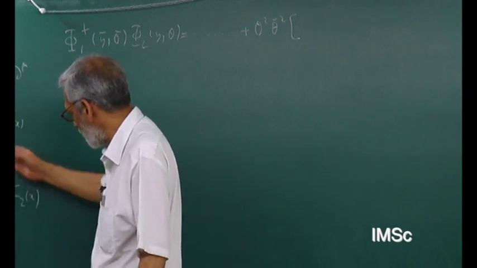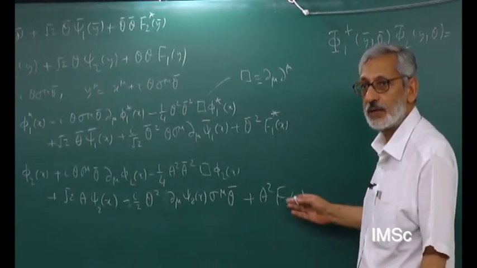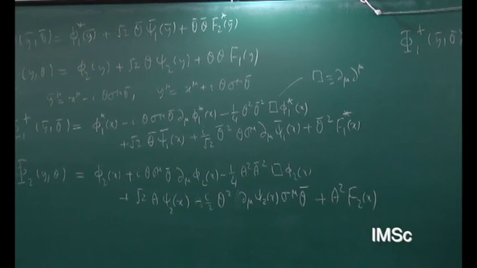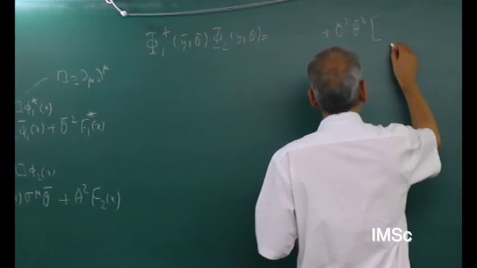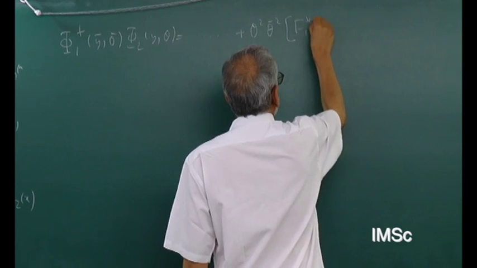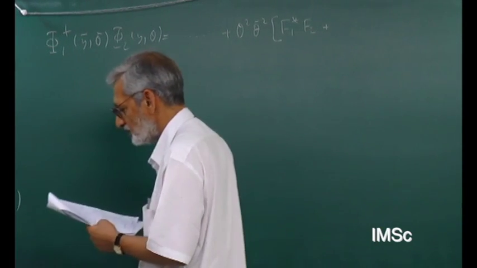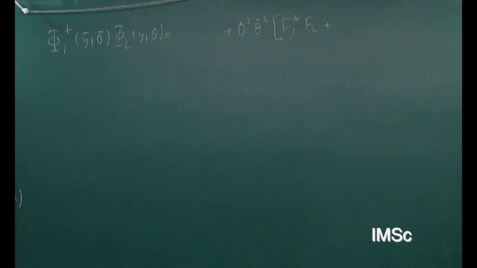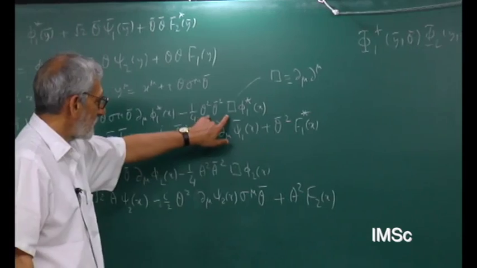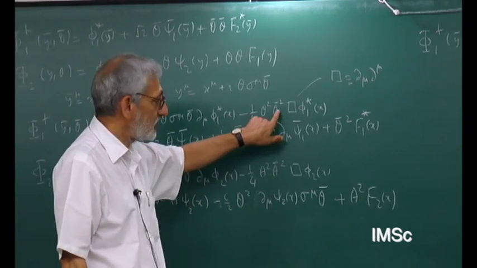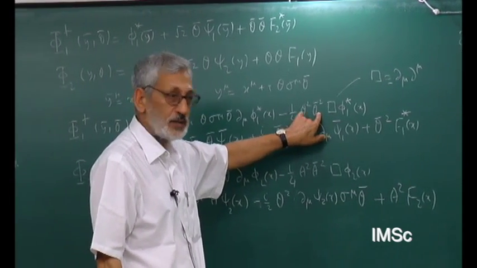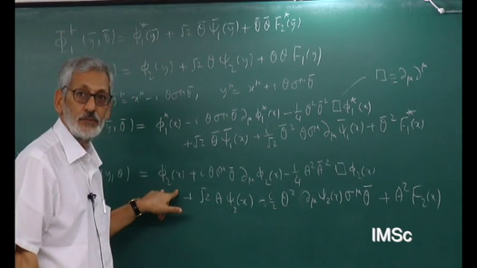So there is theta bar square here, there is theta square here. So this is one term, F1 star F2. There is this term, which is theta square, theta bar square times phi 2.